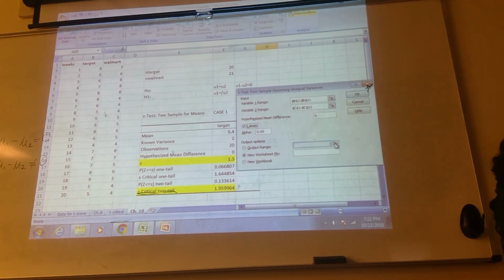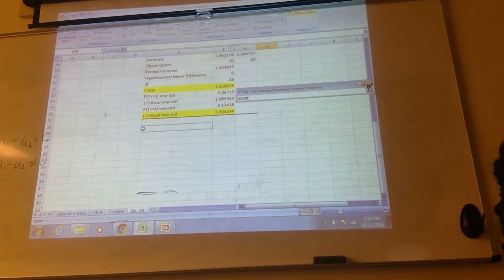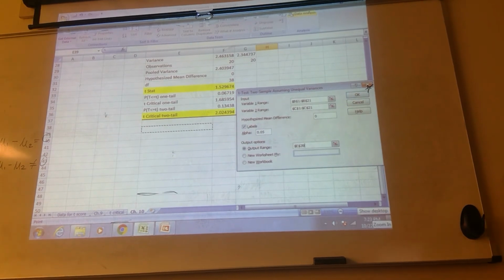I'm going to put the output range here, right below it. I'm not typing it out, but make sure you type out the conclusions in your Excel.